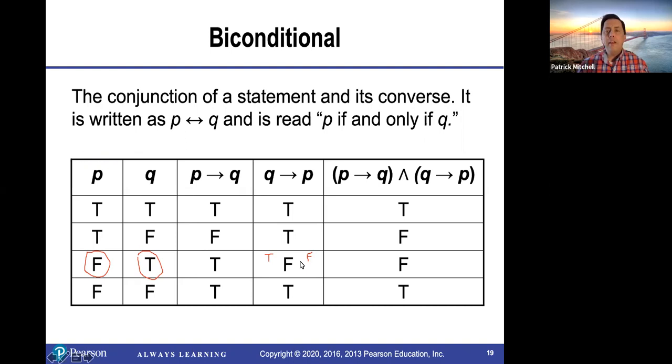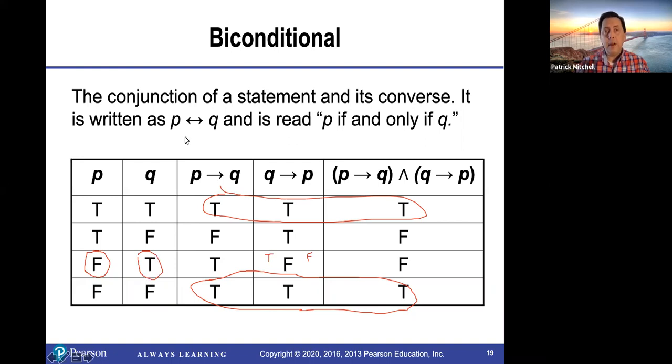Okay. So now remember how conjunction works. Conjunction is only true when both statements are true, and that happens a couple of times, right? It happens here, and it also happens here. So the moral of the story is that your biconditional is true if P and Q are both true, or if they're both false.